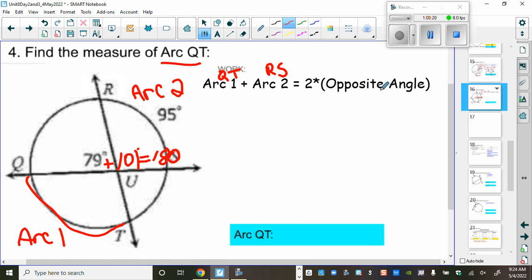So our opposite angle, is it the 79 or the 101? So we're going to multiply 2 times 79 or 2 times 101? So arc 2 is 95. What's opposite? Is it 79 or 101?